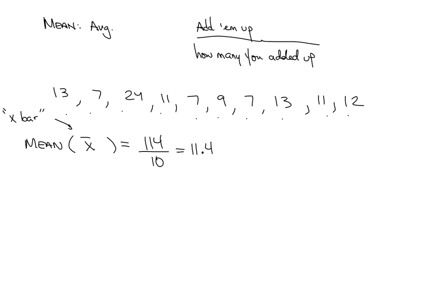That is our average, our mean. That's x bar. Questions about that? We don't have to put anything in order for this. We just add them up and divide by how many you added.